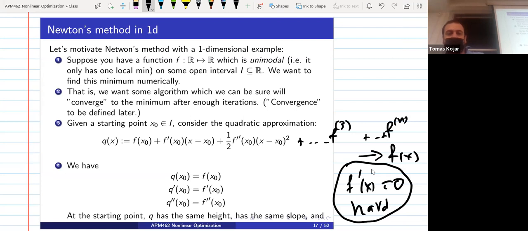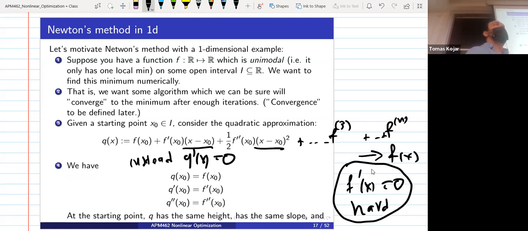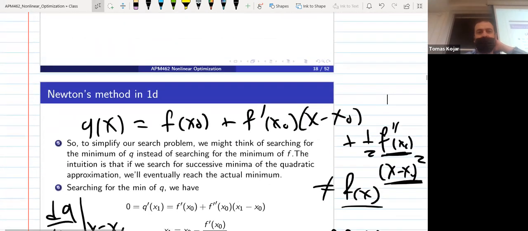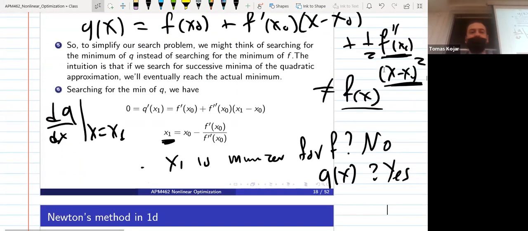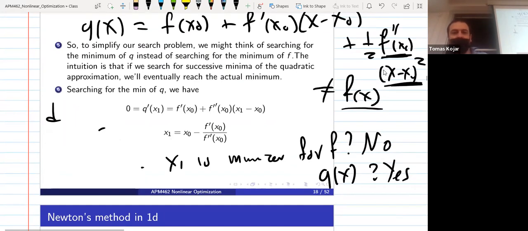Let me solve instead q prime of x equals 0. Okay, because this is a polynomial in x, and I can solve. I can take the derivatives and set them to 0. So I do that, and if you do that, you get Newton's method. You get q prime of x.